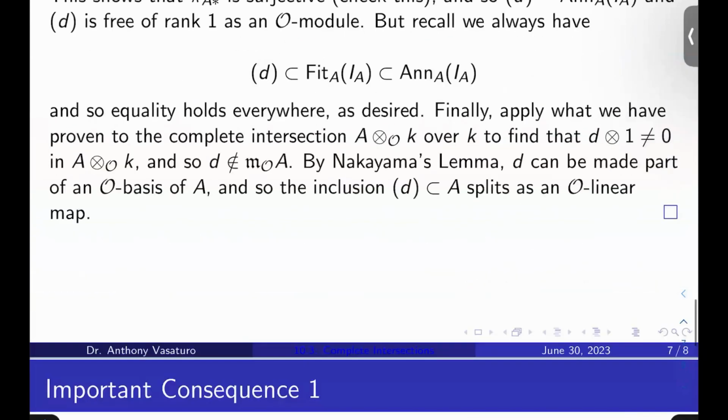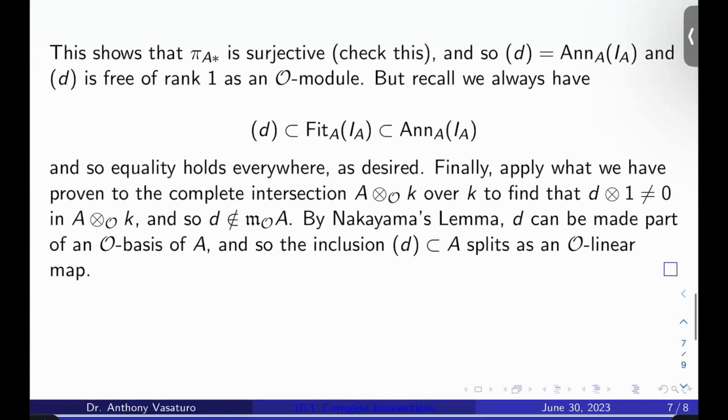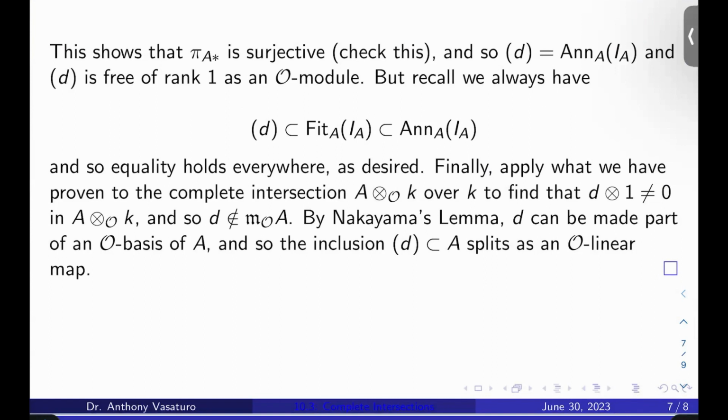Okay, so to fully prove part 2 of the proposition, you have to be working over A. So what you do is you apply what we've just proven to the complete intersection A tensor K over O over K to find that D tensor 1 can't be 0 in A tensor K over O. A consequence of that, I'll leave this as a quick exercise to you, is to check that D can't be in the maximal ideal of O times A. By Nakayama's lemma, D can then just be made part of an O basis of A. And so the inclusion ideal generated by D in A will have to split as an O linear map. And that will finish the proof of part 2.